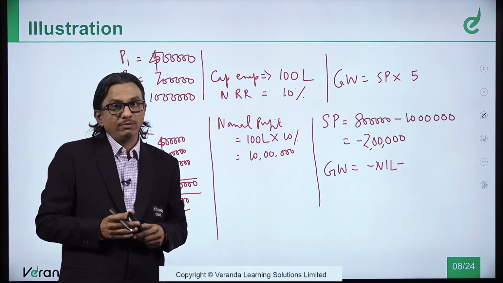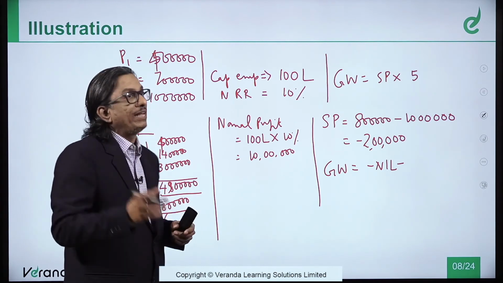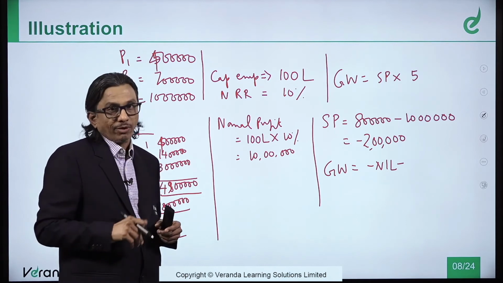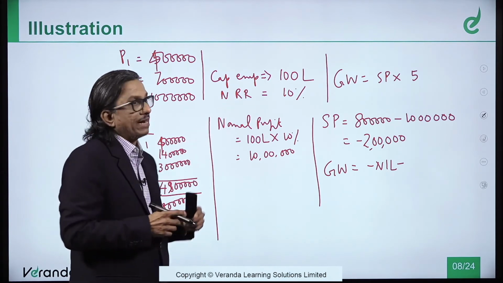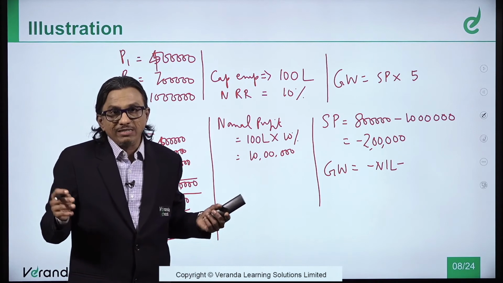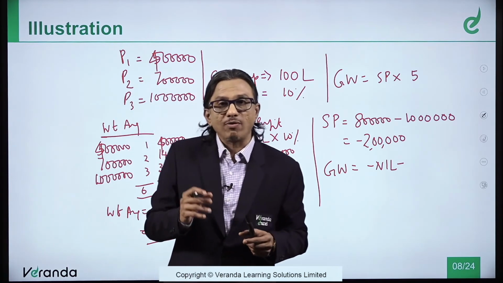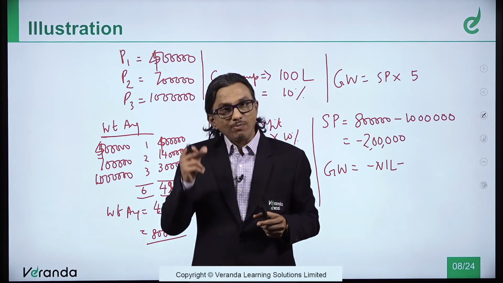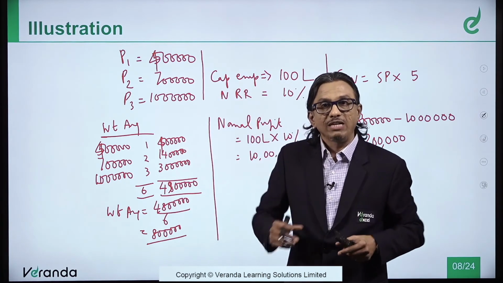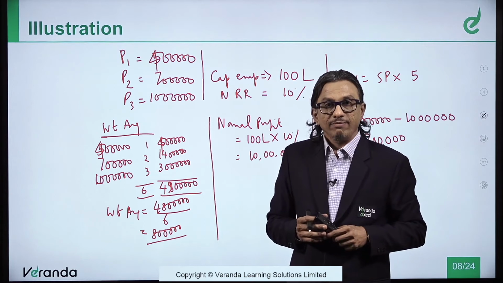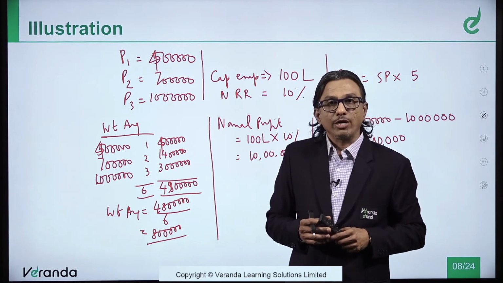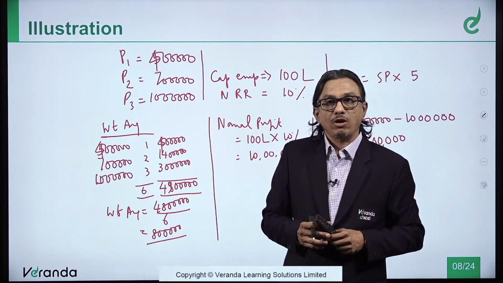But suppose the capital was 50 lakhs. Okay, I have taken capital as 100 lakhs. Normal profit is 10 lakhs. Average profit is 8 lakh only. Super profit is negative. When super profit is negative, then the goodwill is nil. Whereas, suppose the capital employed was 50 lakhs only, not 100 lakhs.